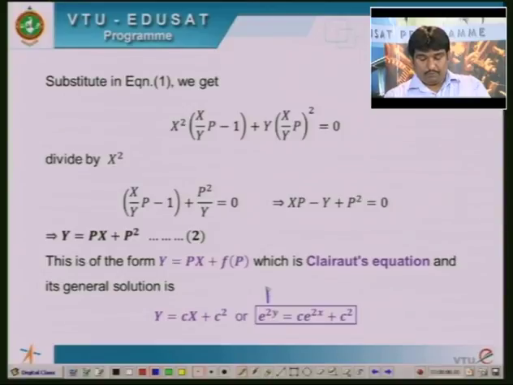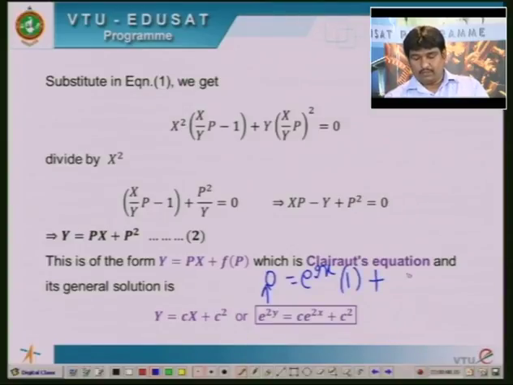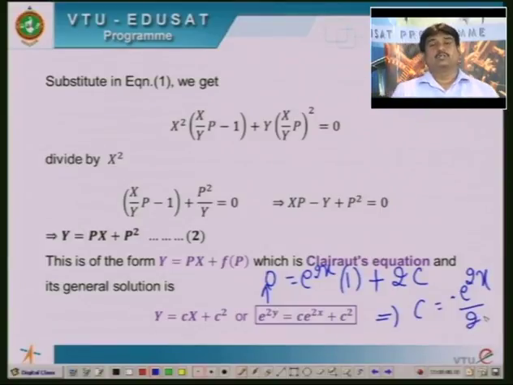Derivative of e to the power of 2y is 0, that is equals to e to the power of 2x is constant into derivative of c is 1 plus derivative of c square is 2c. With this, c becomes minus e to the power of 2x divided by 2. This is the c value. I'll substitute the c value in the general solution.